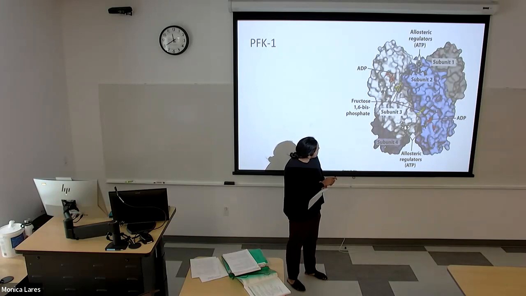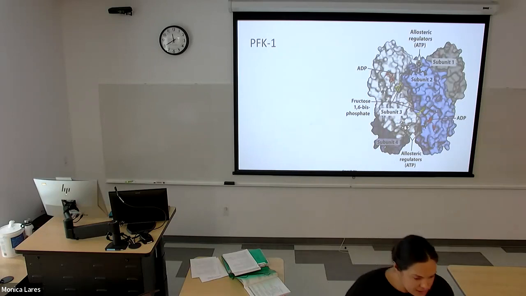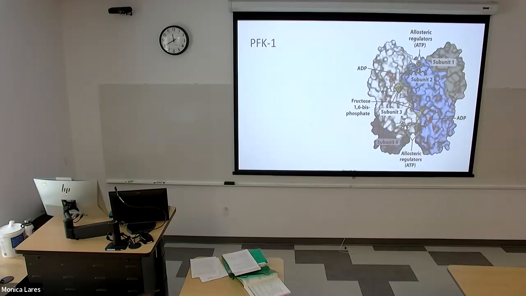Notice there's these other sites out here, these allosteric regulators. It's a different site from this active site, right, where ATP can bind. So again, this is a major point of regulation in glycolysis. PFK1 has many regulatory sites in addition to the active site.